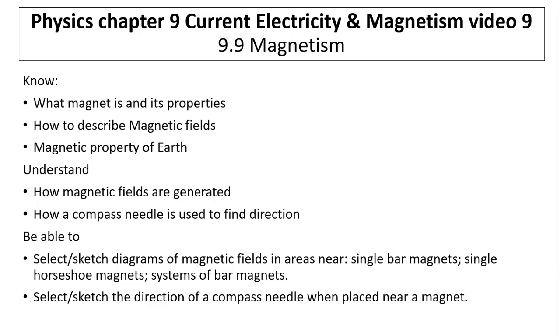The objectives are: know what a magnet is and its properties, know how to describe a magnetic field, know the magnetic properties of Earth, to understand how magnetic fields are generated, to understand how a compass needle is used to find a direction, to be able to select or sketch diagrams of magnetic fields in areas near a single bar magnet, a single horseshoe magnet, and systems of bar magnets, to be able to select or sketch the direction of a compass needle when placed near a magnet.